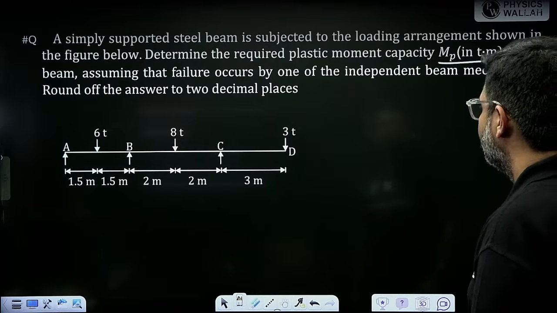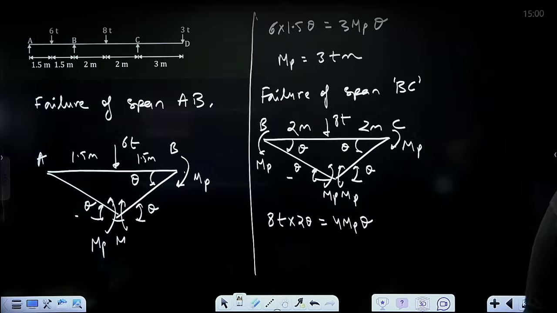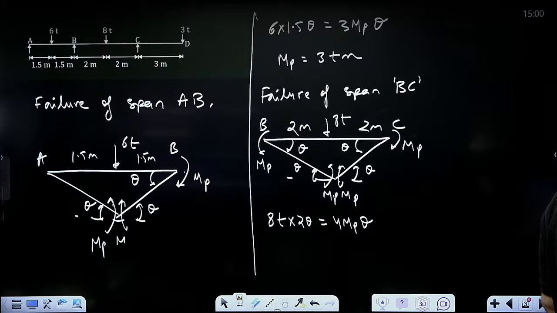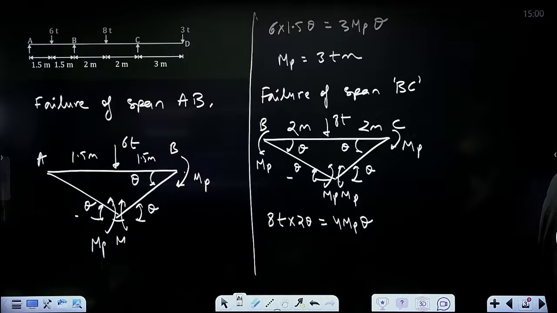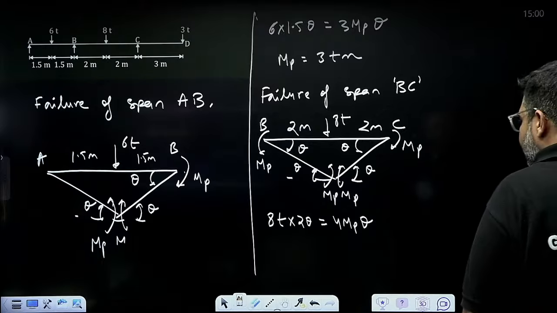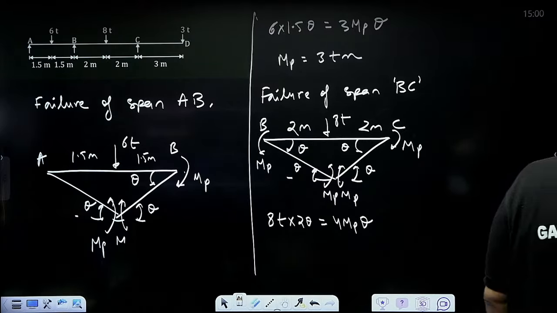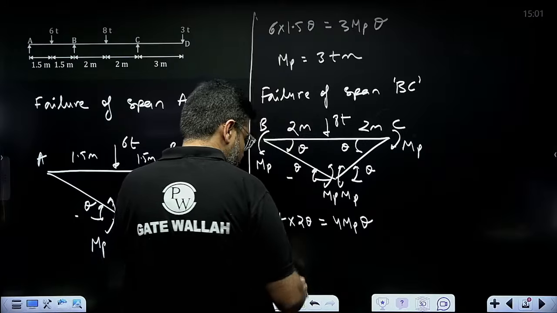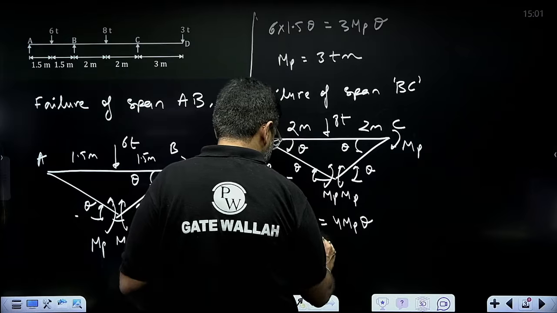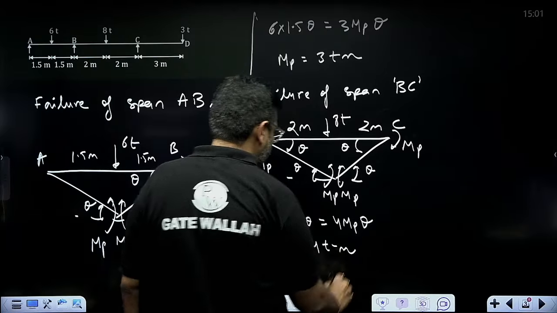All the beams have the same MP. So MP is equal to 4 tons meter here.